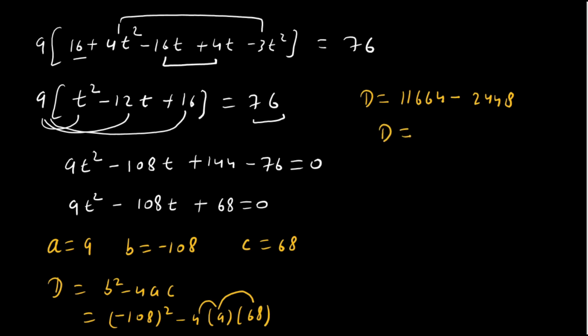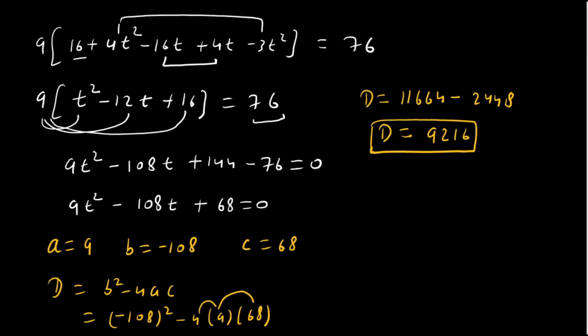Then D equals 11664 − 2448, that is 9216. Here the discriminant is positive, it means real solutions exist.